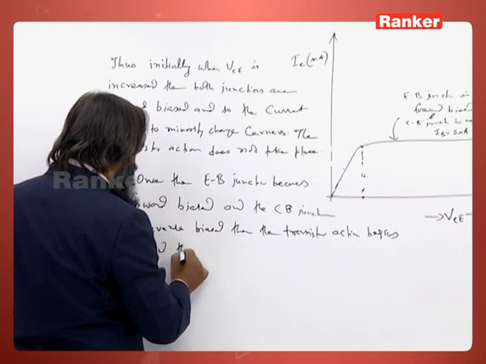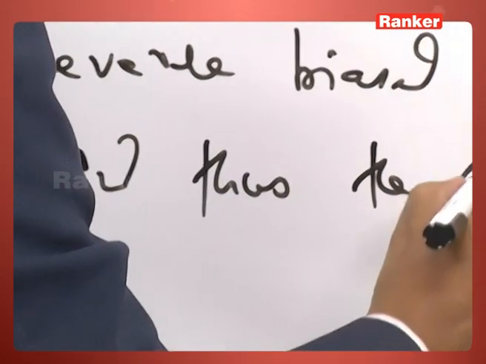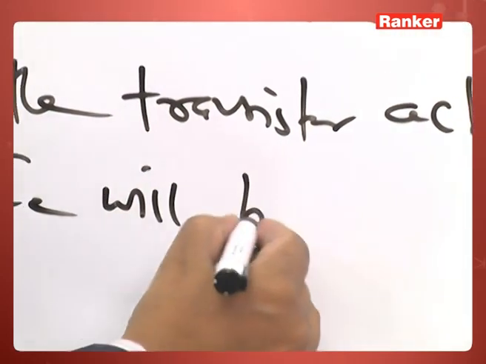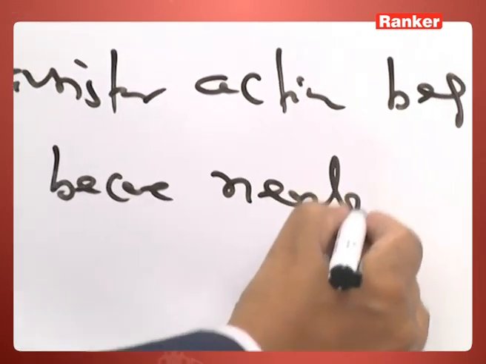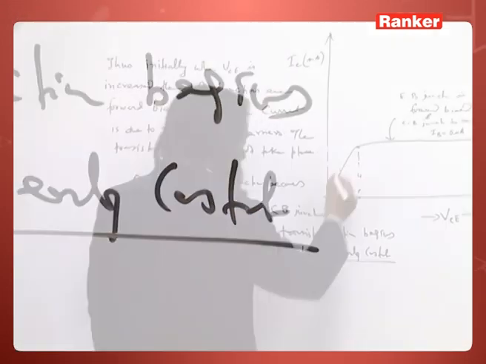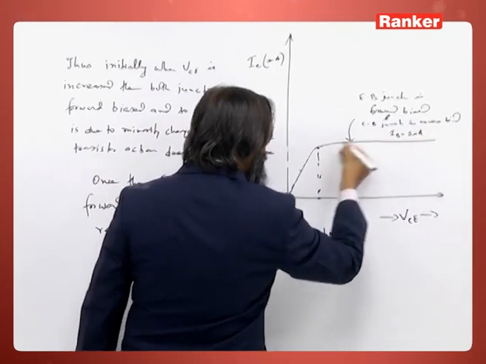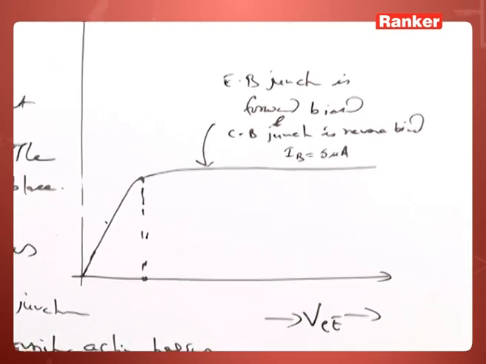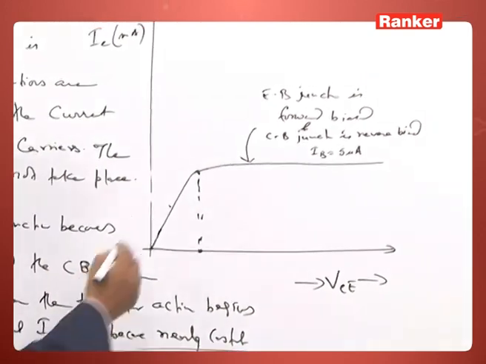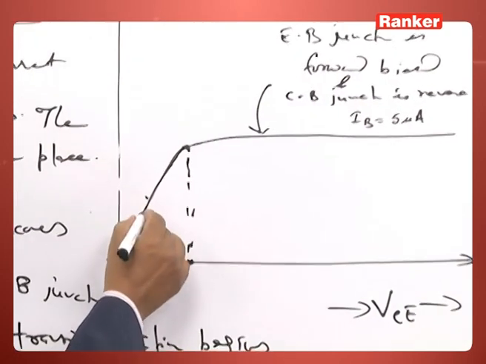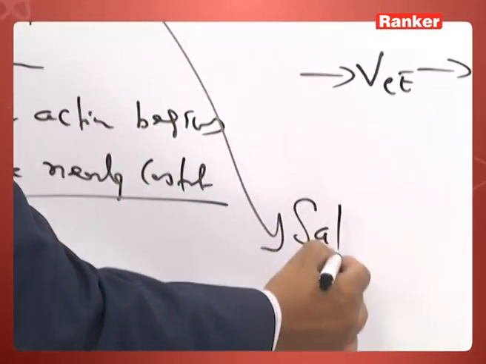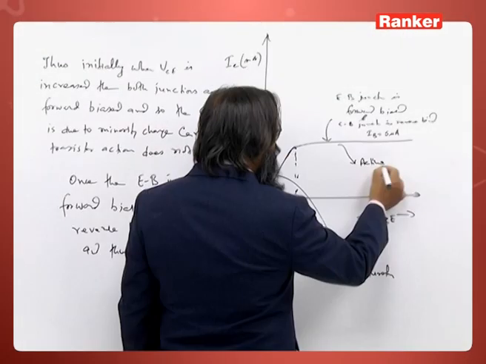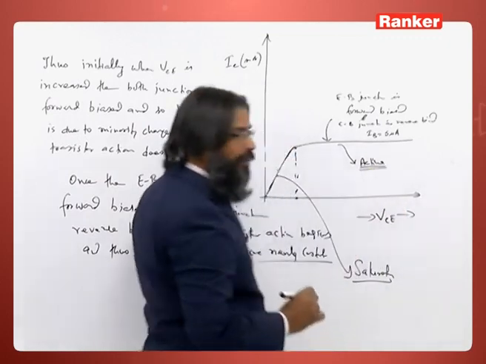And thus the current IC will become nearly constant. It is not constant, nearly constant. Actually this line will be slightly growing, so that we can have a resistance also. So, that means this stage is called saturation and this stage is called active region. So, this is saturation region, active region.